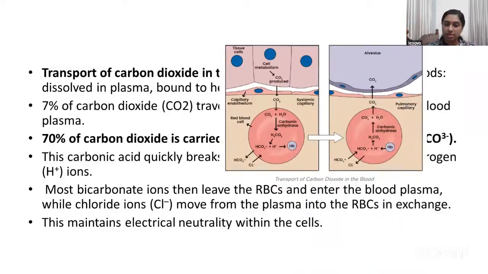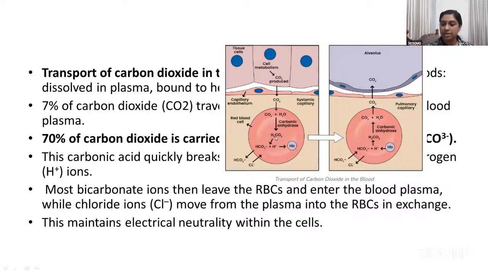Initially, in tissues there is a lot of carbon dioxide. This carbon dioxide enters the RBC. Inside the RBC, there is an enzyme called carbonic anhydrase that promotes the combination of carbon dioxide with water, forming carbonic acid, H2CO3.